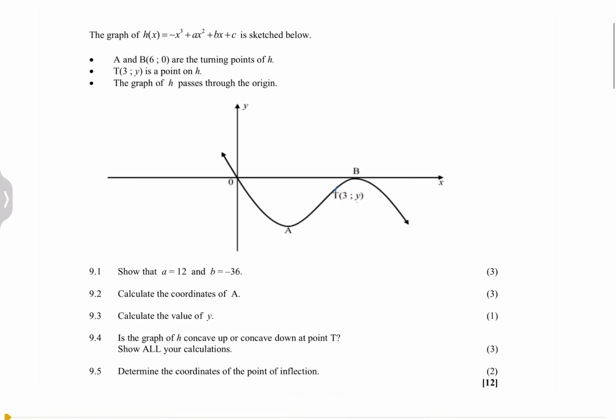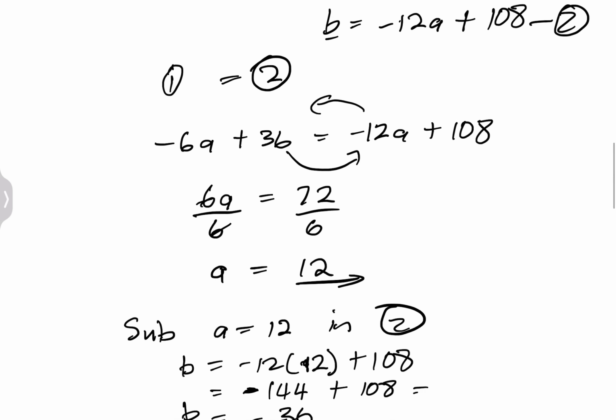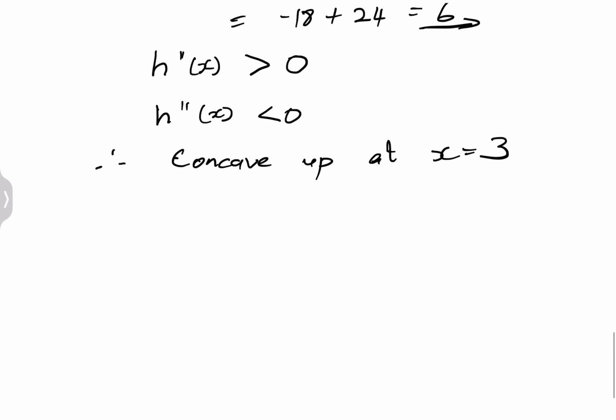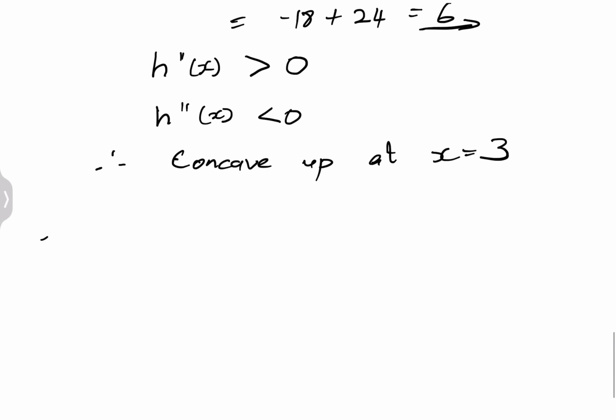Right, so the last question, they said determine the coordinates of the point of inflection. We've already found the x value of the point of inflection, which is x is equal to 4. So all we can do now is find the y value. That is 9.5. So we're going to say h of 4.